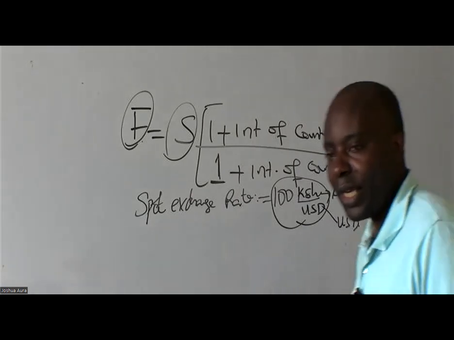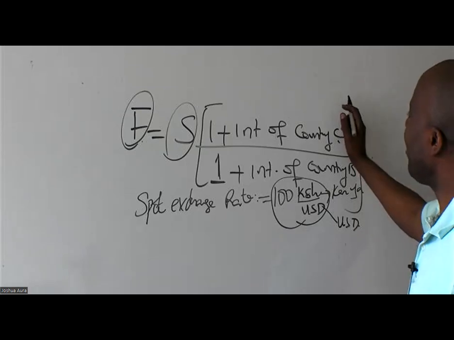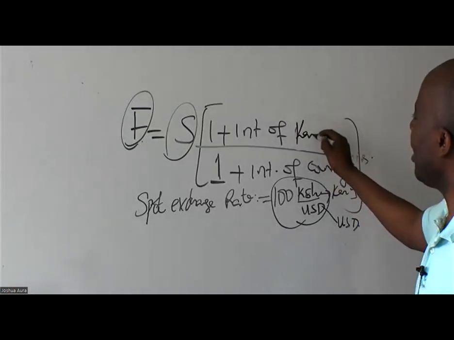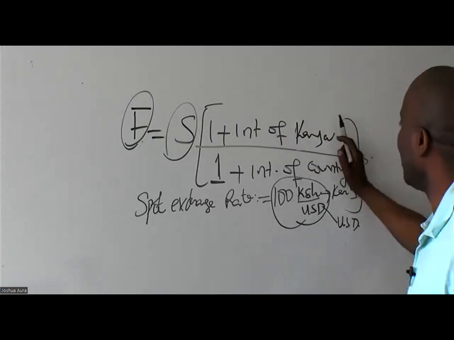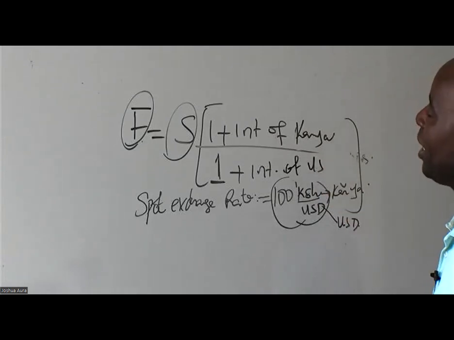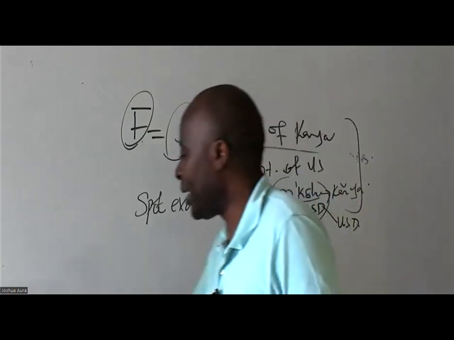So Kenya is up. So in short, hapa naweza change formula yangu niseme it's interest of Kenya, the most beautiful country in the world, all over interest of United States of America, one of those countries which are overrated.